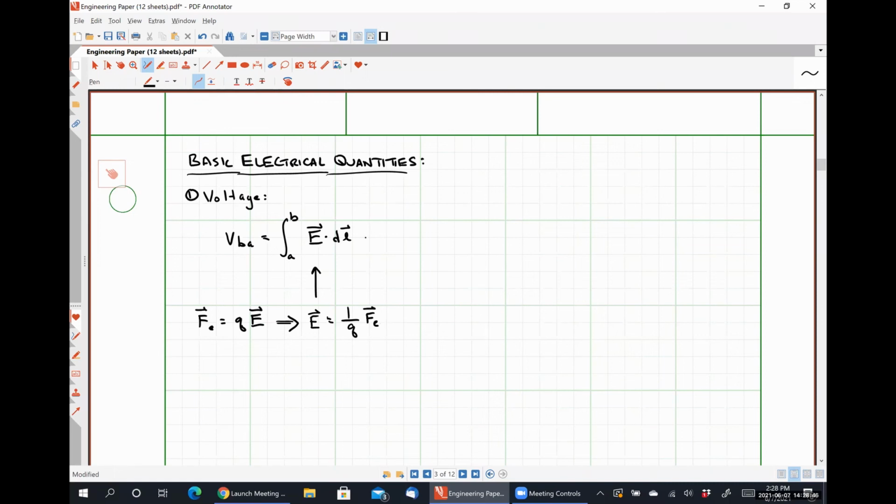If I substitute this in, I get the line integral from A to B of 1 over Q times force dotted into my differential line element dL. And since charge is a constant term, I'm going to pull that to the outside here, and I'm left with this mathematical expression.